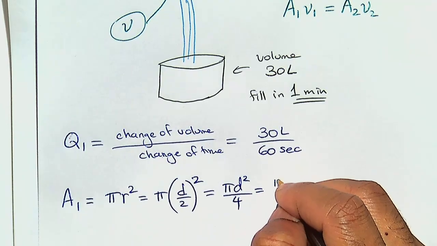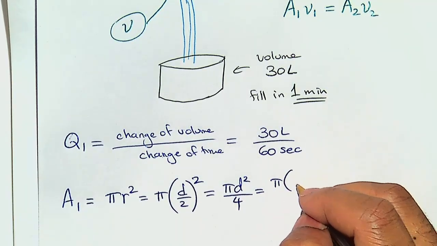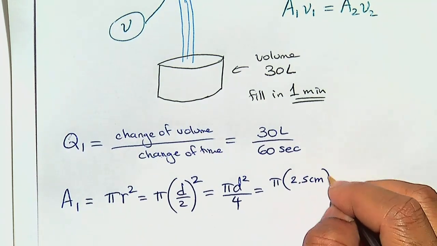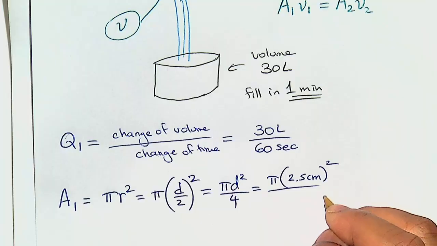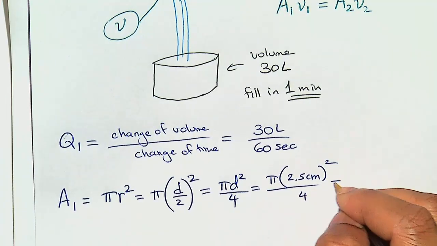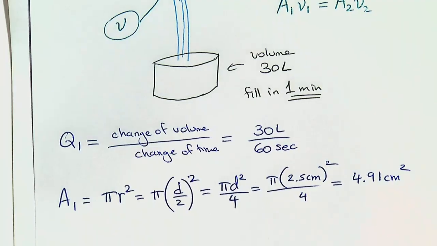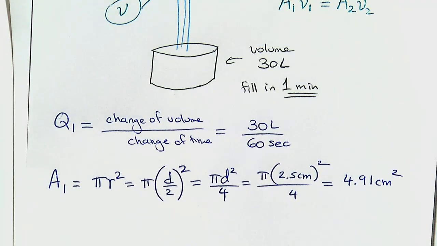Now we can put in the numbers. The diameter is given as 2.5 centimeters, so pi times 2.5 centimeters squared, divided by 4, is equal to 4.91 centimeters squared. You'll see why I'm using centimeters in a second. It's intentional. Usually you should use meters, but here it's convenient to use centimeters because of the liters. You'll see in a second.